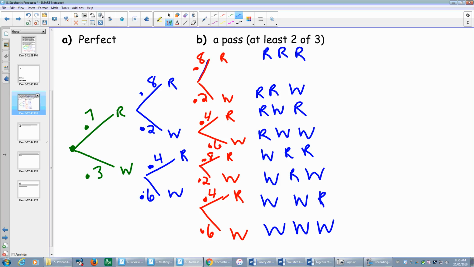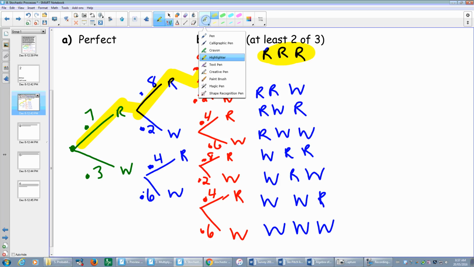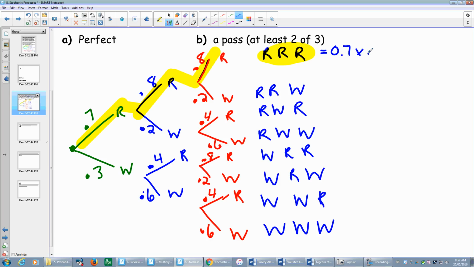Okay, so if I look here, I want the probability that he gets it perfect, which is this case here, right, right, right. If I look at the percentages for those, what would I multiply together, Dylan? Good, 0.7 times 0.8 times 0.8. That's the probability that he gets it perfect.